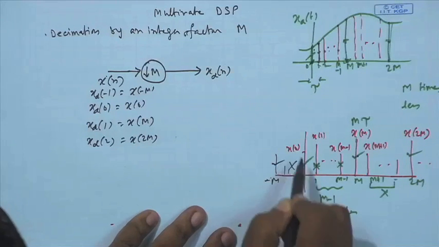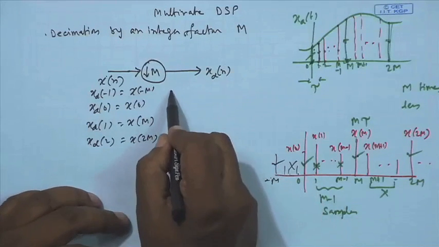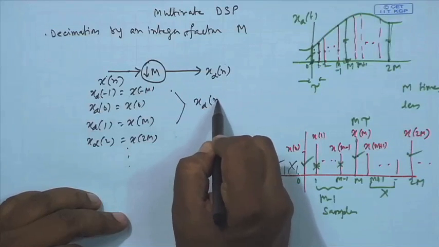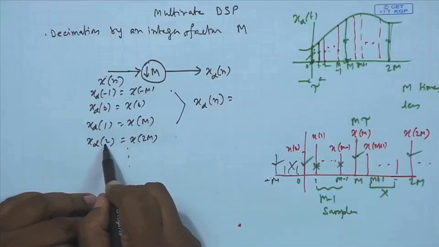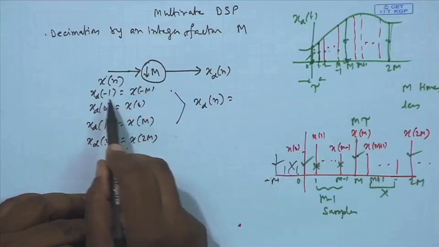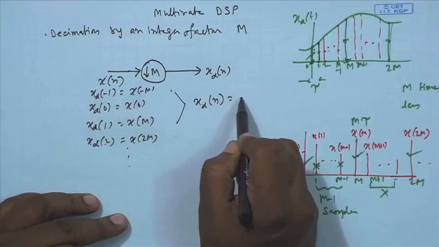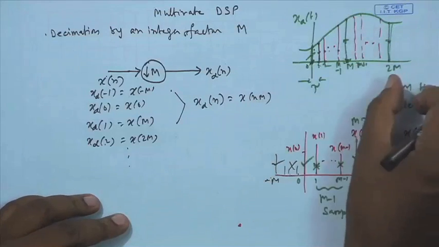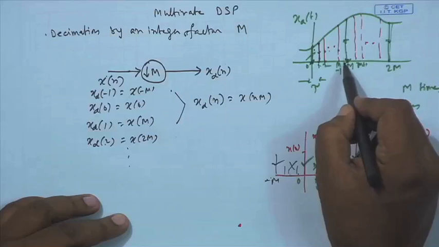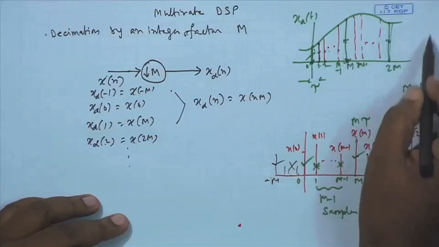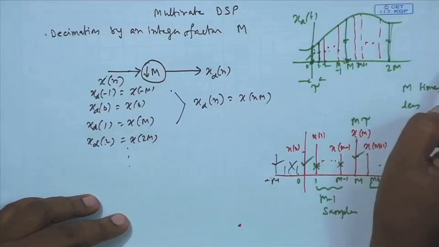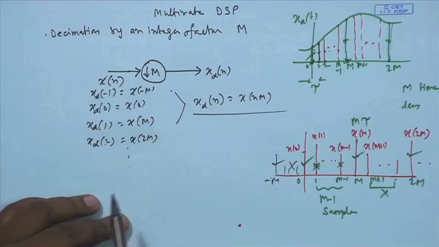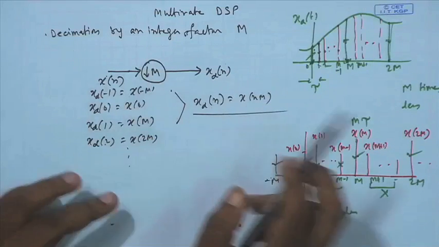So, in general xd[n]: if n is 2, it is 2m, if it is 1, 1m, if it is 0, 0, minus 1, minus m. So, xd[n] means x[nm]. n times m, nm will be the nth sample: mth is the first sample, 2mth the second sample, 3mth the third sample, nm will be the nth sample. So, this is the mathematical description, and this is the notation.